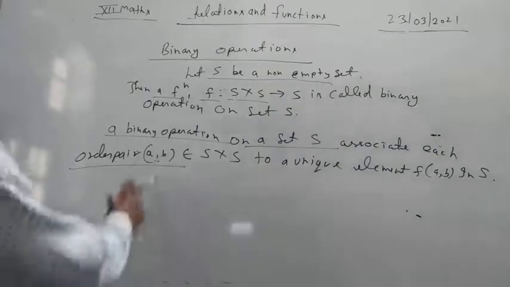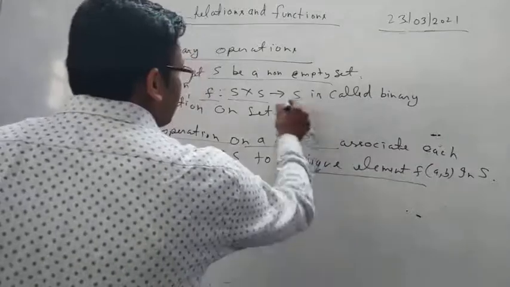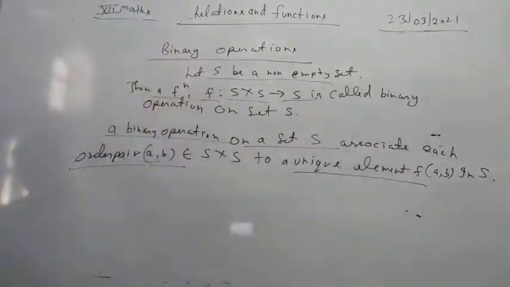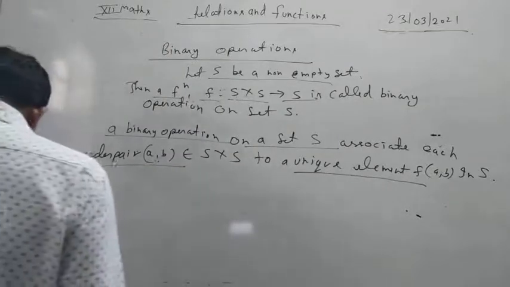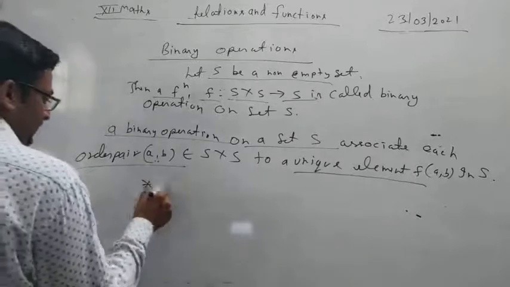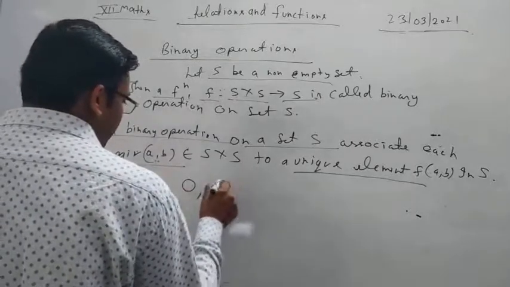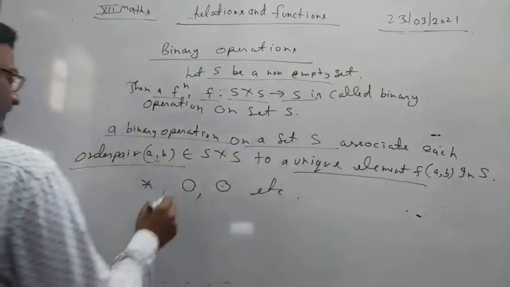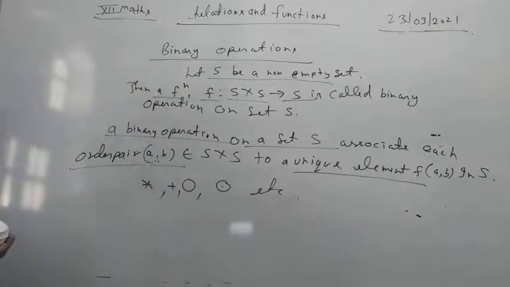So we take (a, b) belonging to S cross S to a unique element f(a, b) in S. And students, binary operation is generally denoted by a star, and so on. So this is generally denoted by plus, star, circle, plus, etc.